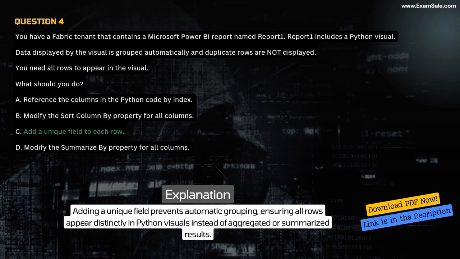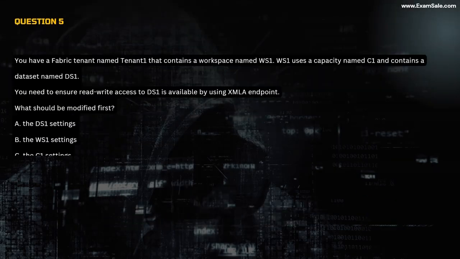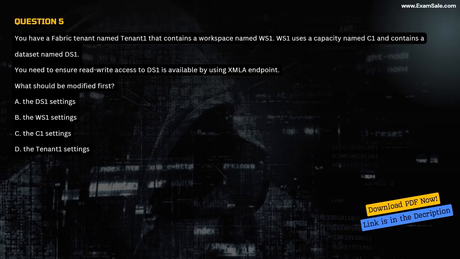summarized results. Question 5. You have a Fabric tenant named Tenant1 that contains a workspace named WS1. WS1 uses a capacity named C1 and contains a dataset named DS1. You need to ensure read-write access to DS1 is available by using the XMLA endpoint. What should be modified first? A. The DS1 settings.